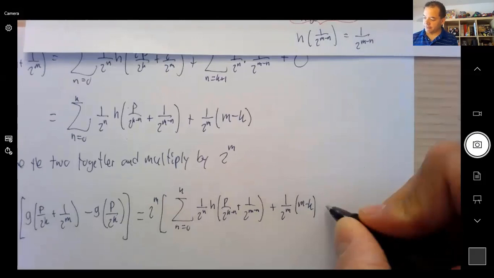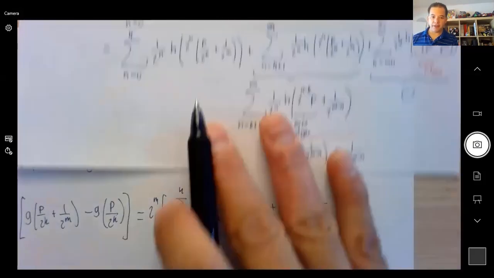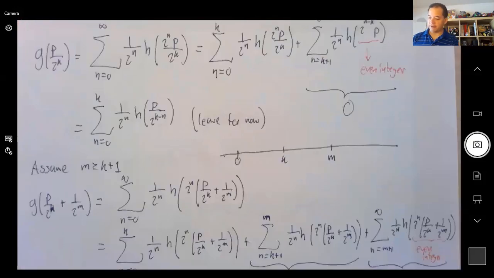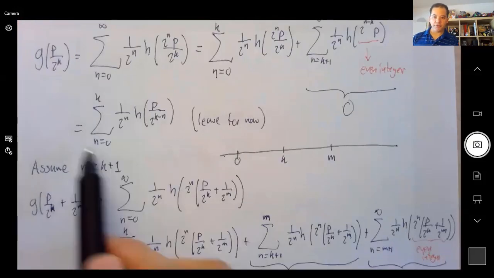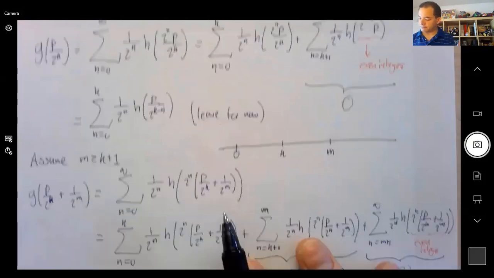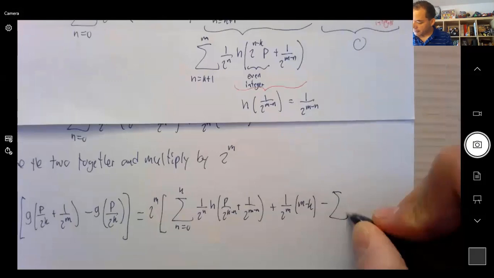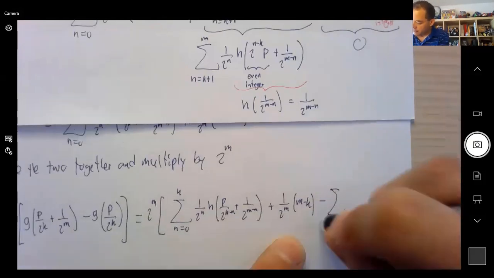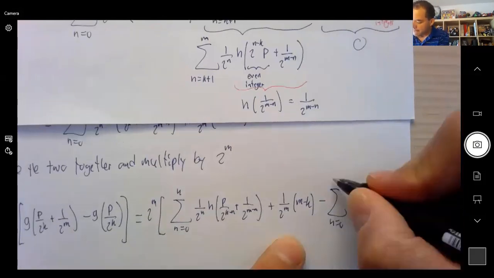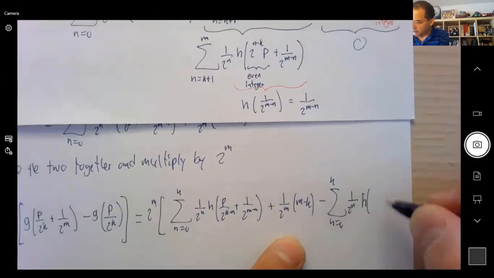And then minus the one we said leave for now. And it's right here. It was this one, how it's simplified. So I'm just going to write it where we need it, okay? So it's the sum from n equals 0 to k, 1 over 2^n, h of p over 2^(k-n).